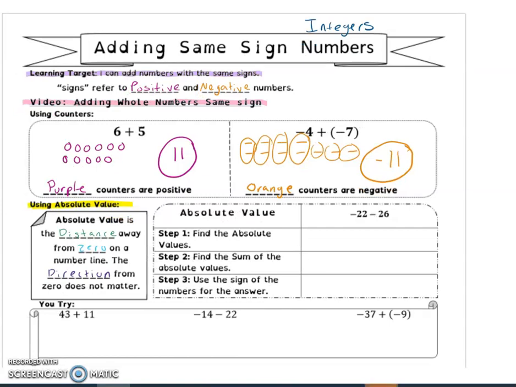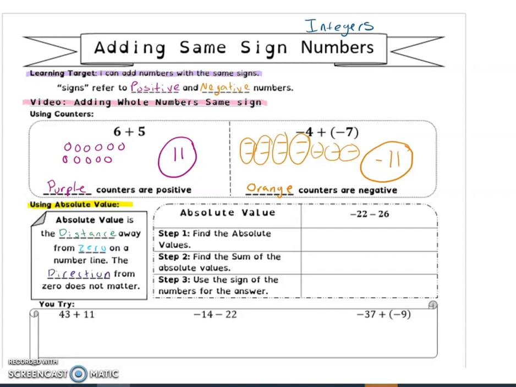Okay, so here's the correct answer. Absolute value is the distance away from 0 on the number line. The direction from 0 does not matter. What this means is, however far your number is away from 0 on the number line, whether it is 5 or -5, if you count those, they're both 5 numbers away from 0.